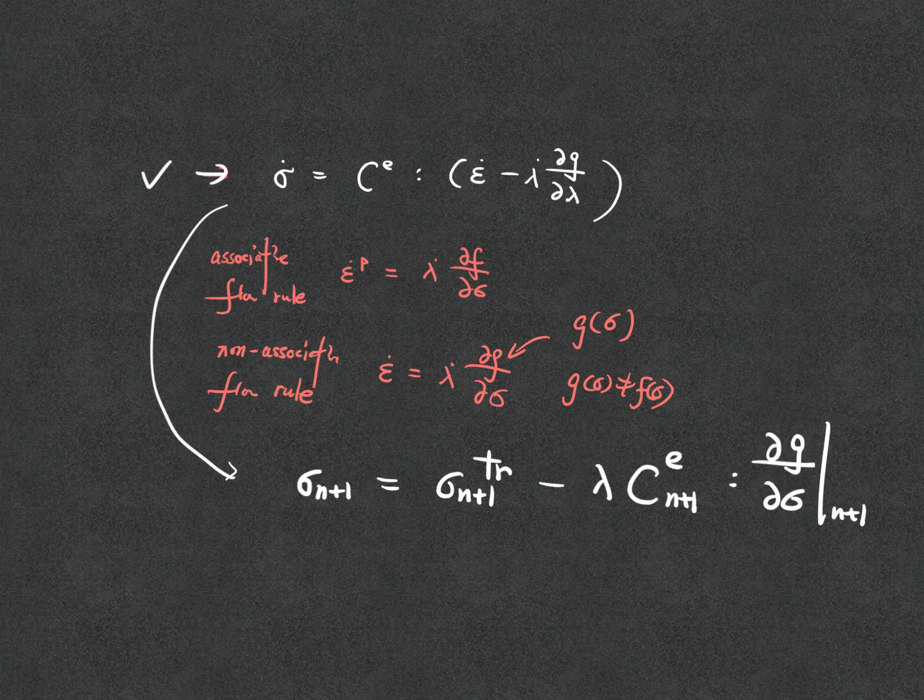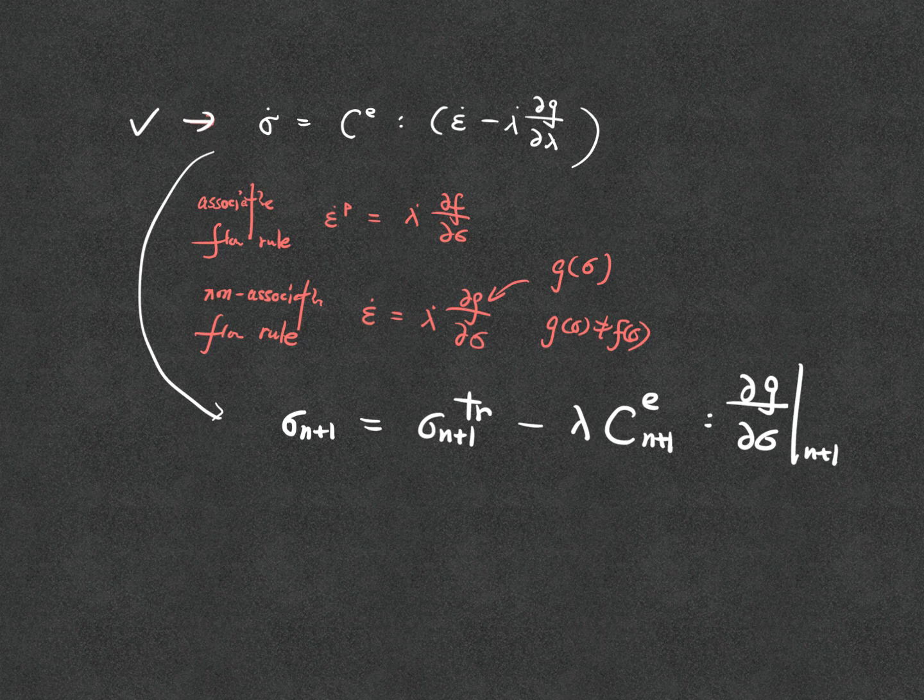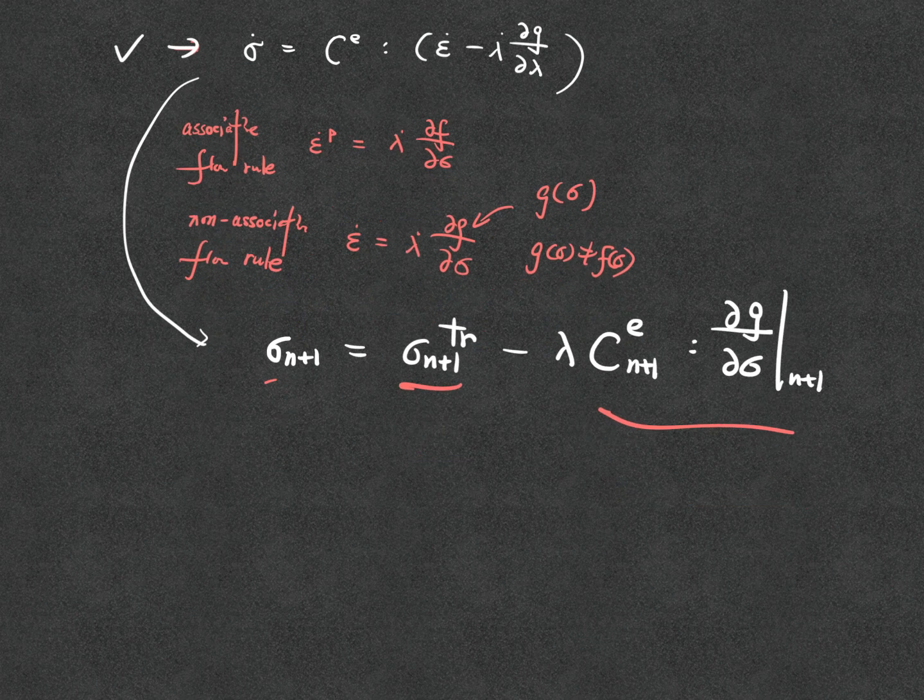This is the incremental form. The sigma n is hidden somewhere, right? Where is the sigma n? In which term? In here, or here? Yes, in the trial stress.